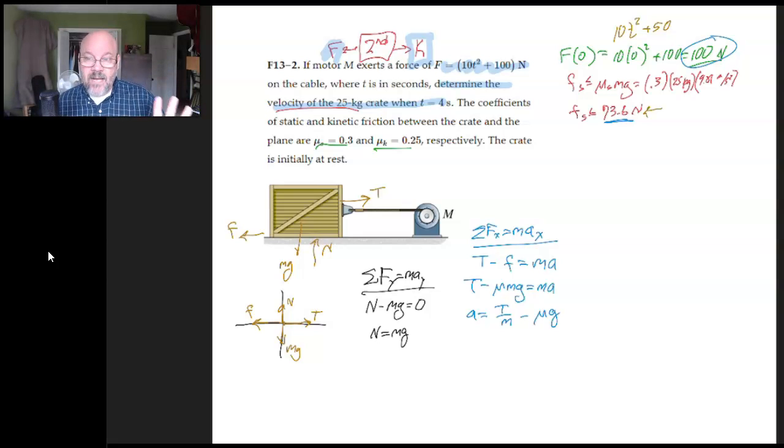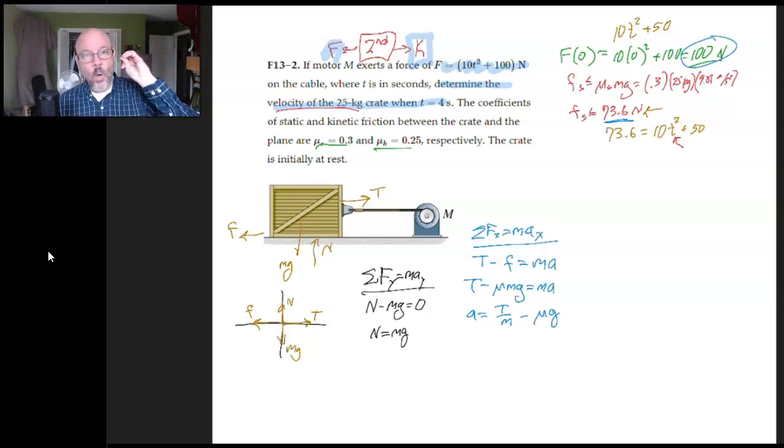And so what we would have to do is say, at what point do we break that static friction? The way we figure that out is 73.6 has to be equal to 10t squared plus 50. That's going to enable us to find the exact point in time at which it's able to move.